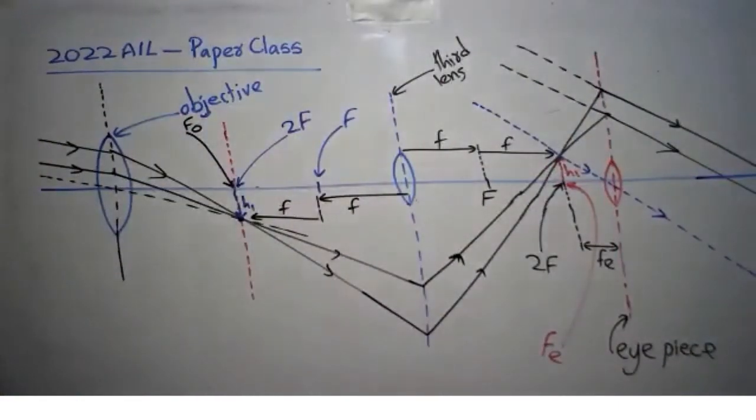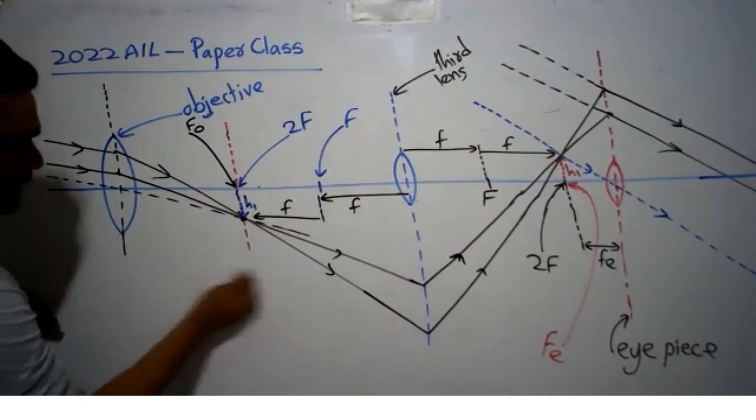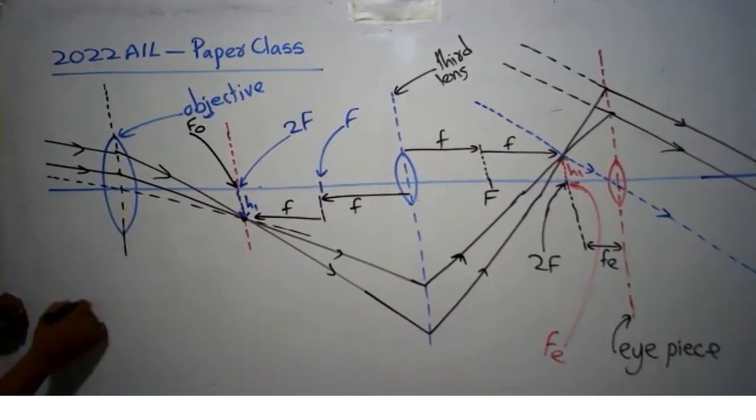Once the third lens is inserted in between the two lenses, to have the minimum distance between the eyepiece lens and the objective lens, then we can answer that question. So what is the question that they have asked?